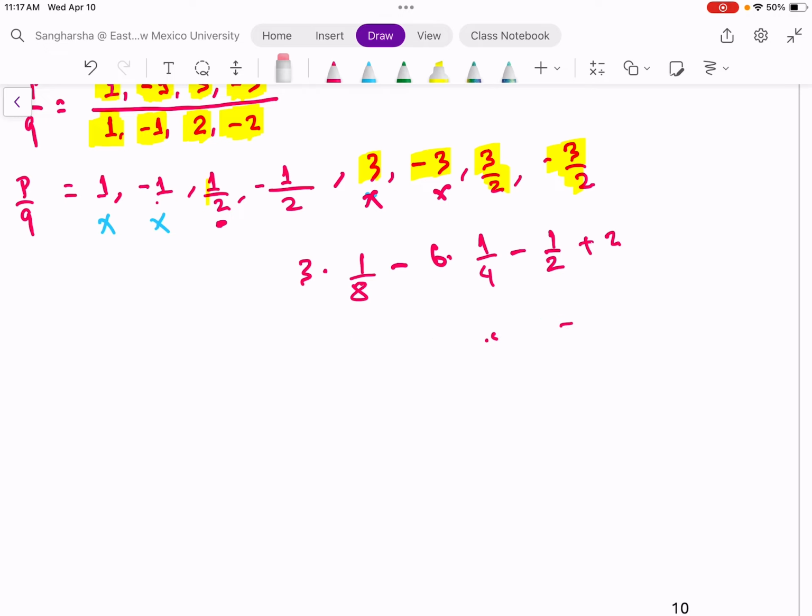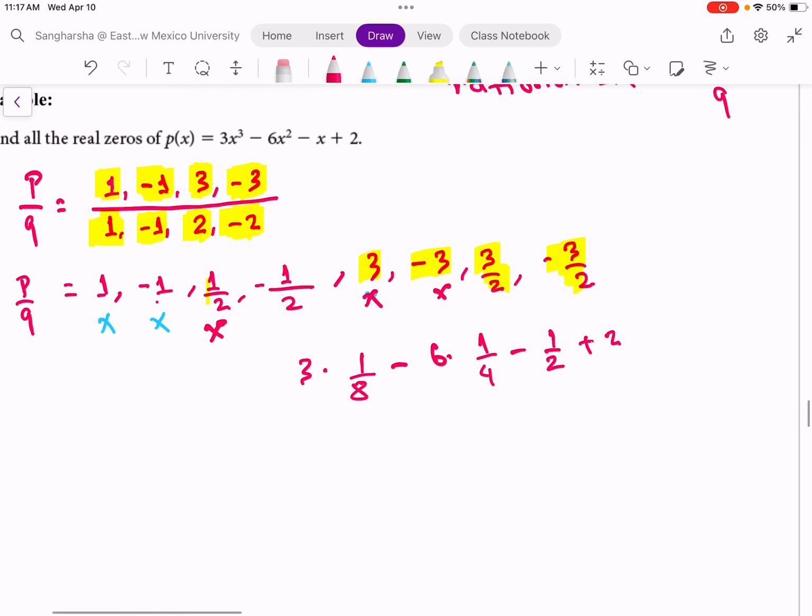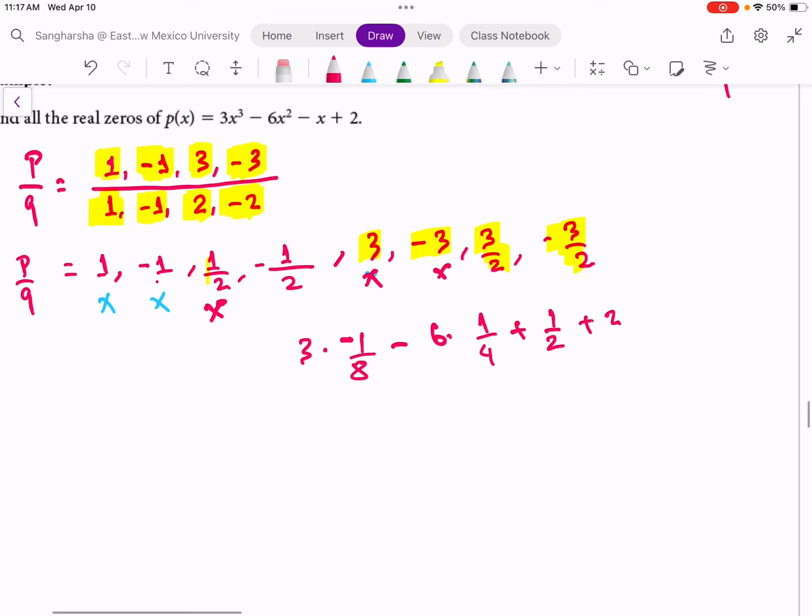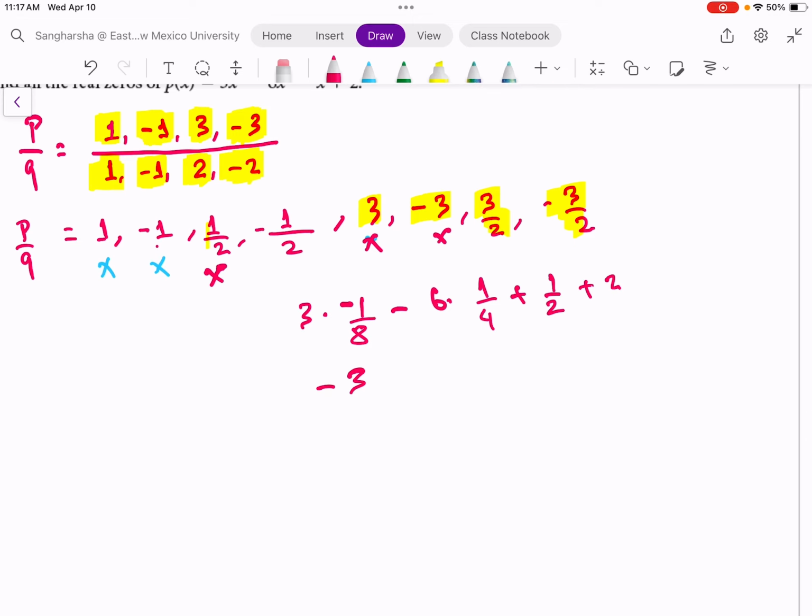So let's take negative 1/2. If it's negative half, we get negative here, we get positive here, we get positive here. So we have negative 3 over 8, negative 6 over 4, plus 1/2 plus 2. 8 is the common denominator, so let's multiply by 2, by 4, by 8.